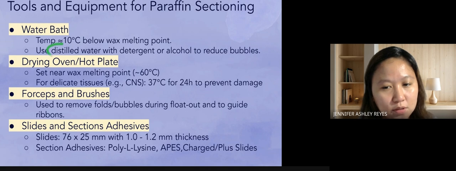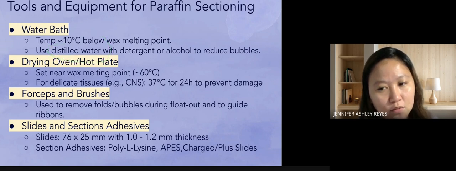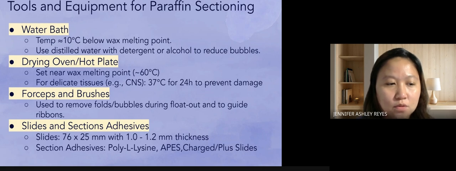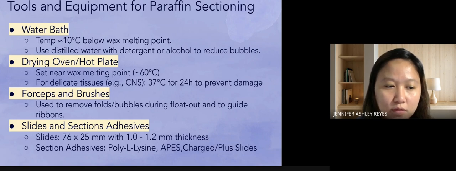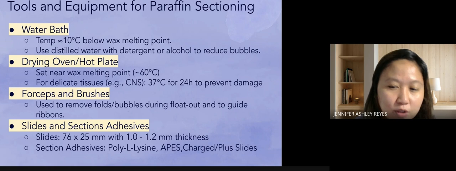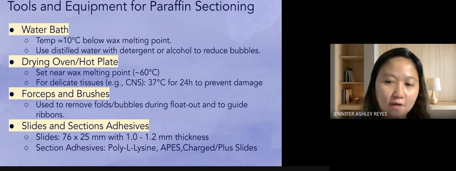So we use distilled water with detergent or alcohol to reduce bubbles. While for the drying oven or hot plate, we also set that to a temperature near the wax or paraffin melting point.